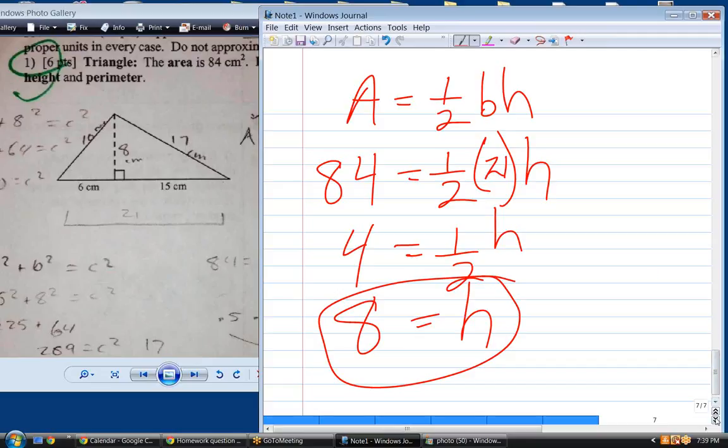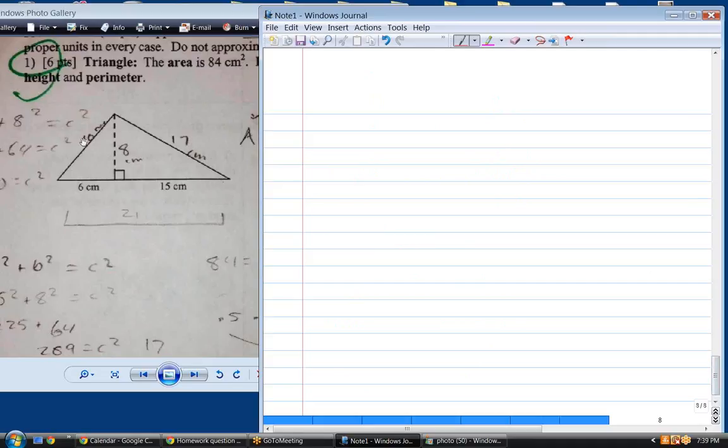Okay, now, to get the perimeter, we need to solve for that side and this side. Let's take a look at this triangle here. This is 6, 8. What's this side here? To find that side, you would do 6 squared plus 8 squared equals c squared.